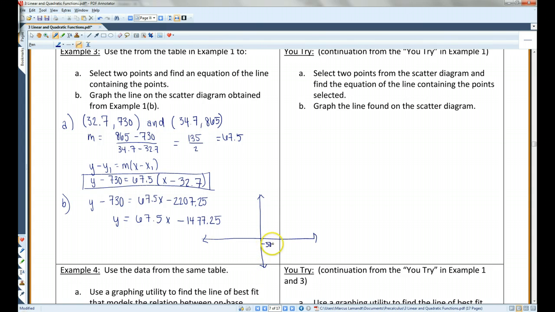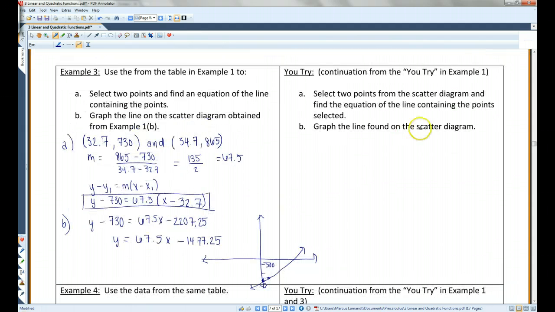Negative, we'll just make this 500, 1,000, 1,500. And it goes up very small amount. Close enough. There we go. Alright, I'll let you try this one.